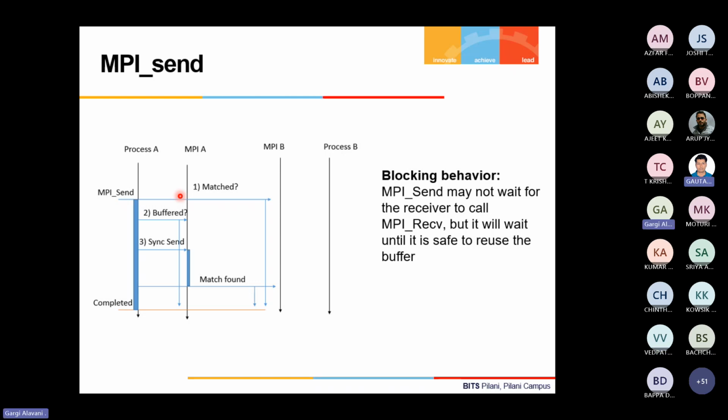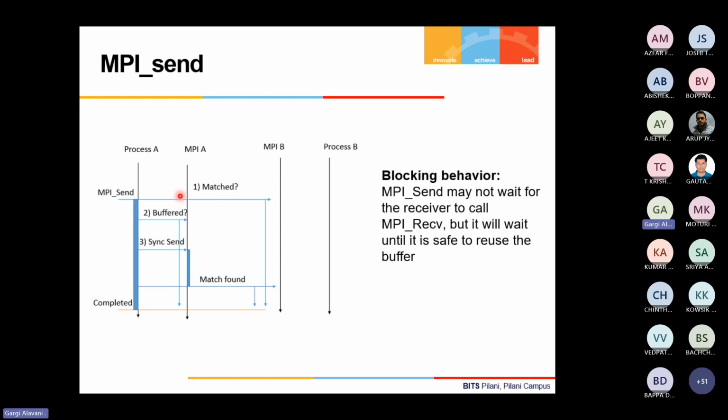The read will happen once MPI A transfers it to MPI B, right? When it crosses the boundary, process B will pick it up. So this MPI A and MPI B is basically the MPI library and not the process. This library will buffer whatever data is sent.